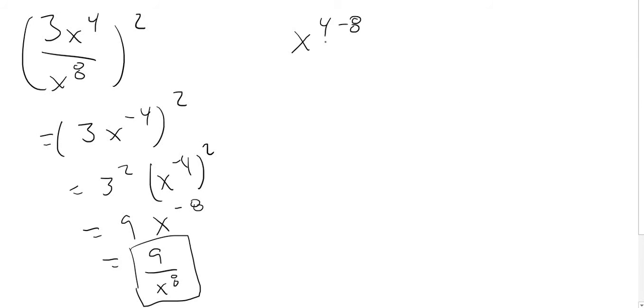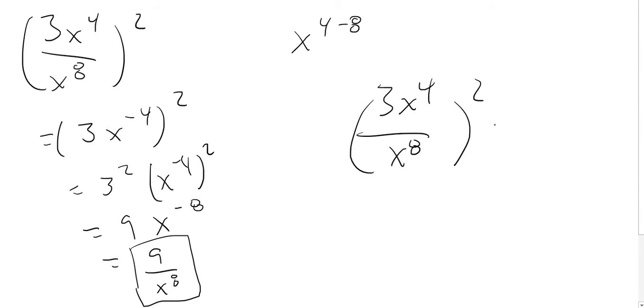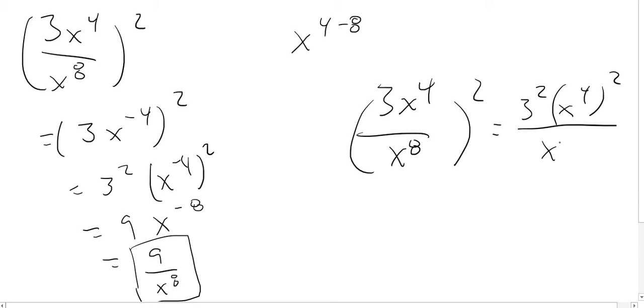Notice that's not the only way to do this. So let me just do the same problem and start out with 3x to the 4th over x to the 8th. I'm saying I would simplify the inside first, but if you didn't and you distributed that 3 through to everybody, you get 3 squared x to the 4th squared over x to the 8th squared, right?